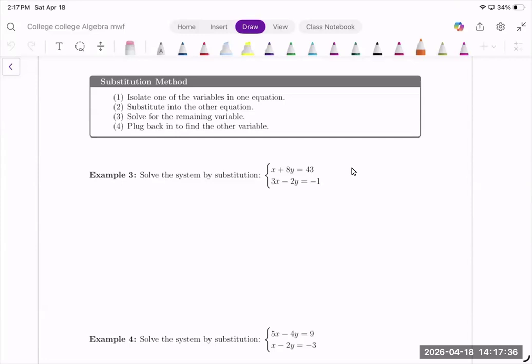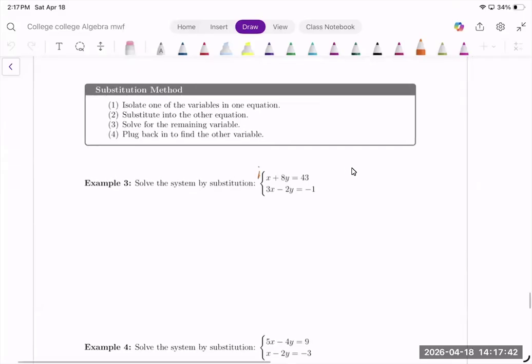So what I like to do when I'm looking at two equations is I just look at them. Let's say, for sake of argument, the top one is one, the bottom one is two. I'm looking at them and I say, okay, well, one is pretty easy to just isolate and solve for X. So it's very simple: X equals 43 minus 8y.